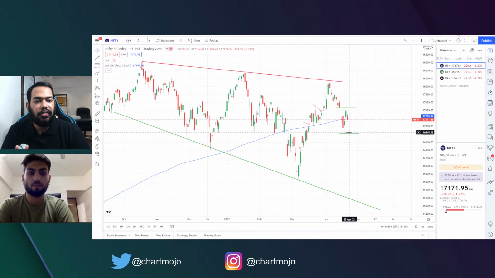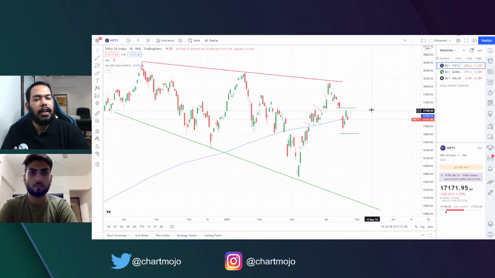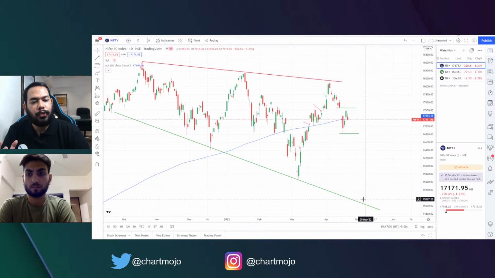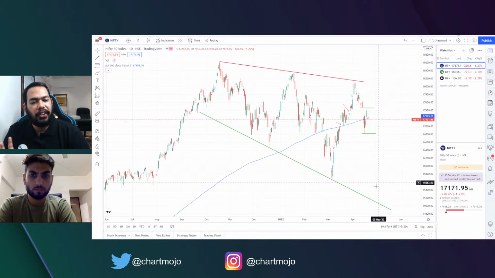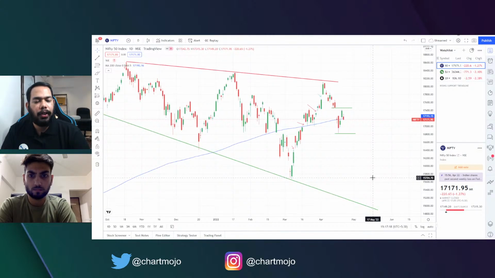But if a second time we go below this level 16,800, then we will surely see a bearish sentiment forming among the other market participants, and we can see the Nifty target going toward this falling wedge's lower channel, okay, falling wedge lower channel, see this, the descending falling wedge lower channel target that can be activated after this 16,800 is taken.